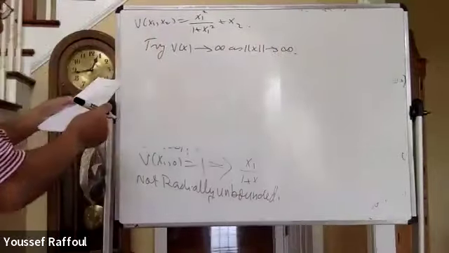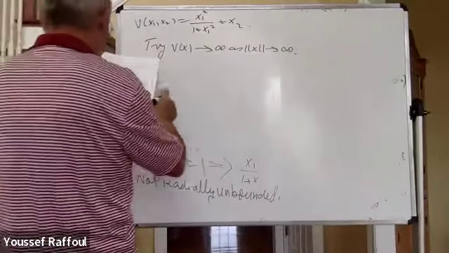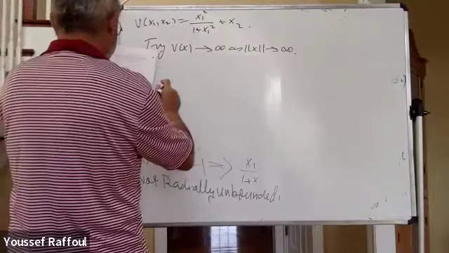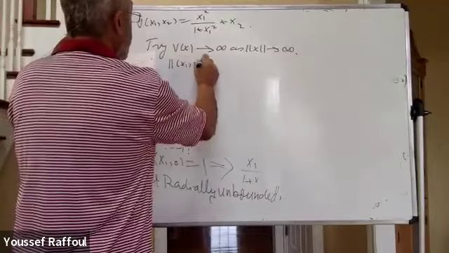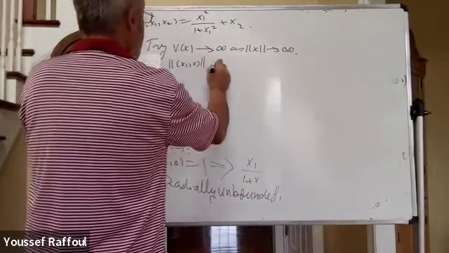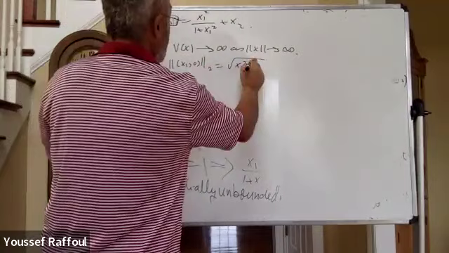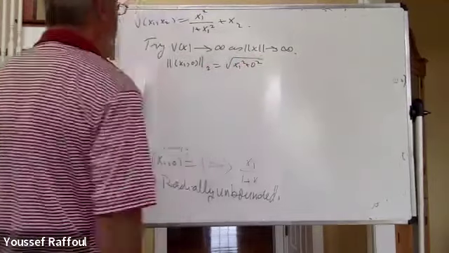Let's try x1, 0, the norm is the square root of x1 squared plus 0 squared.